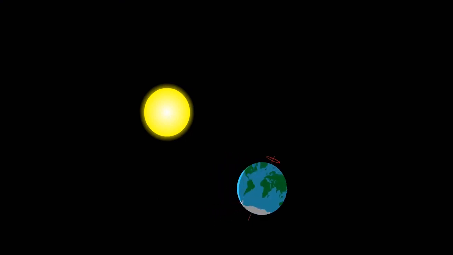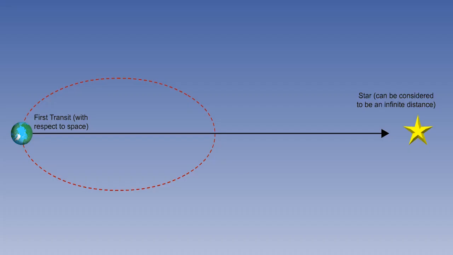However, the length of our day will depend on what we take as our datum when measuring the transit. Remember that the Earth is orbiting whilst it rotates. We start off here, somewhere near perihelion, and will take some distant star as our datum.